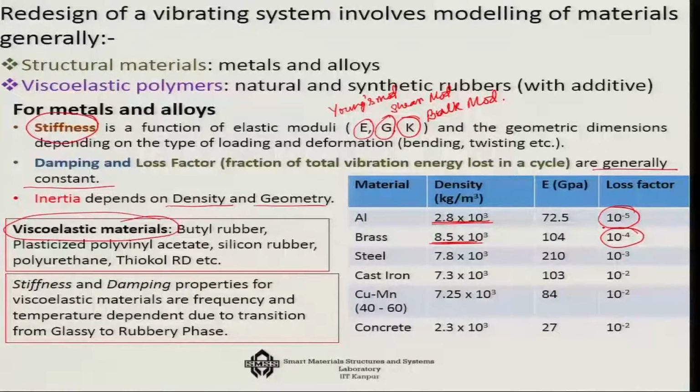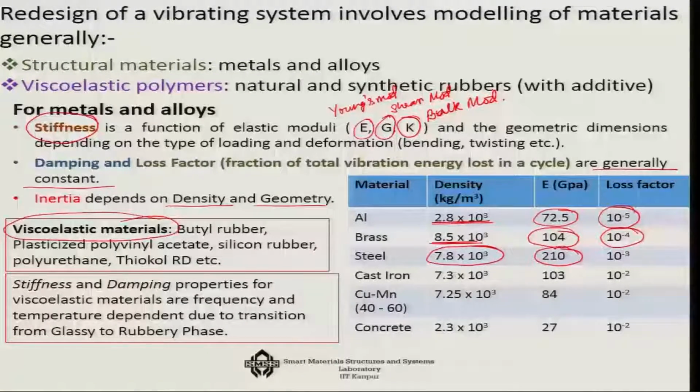And in terms of modulus of elasticity, aluminum's is 72.5 gigapascal, whereas brass is about 104, so it is slightly stiffer than aluminum. If I go to steel, then the density will be higher than aluminum, about 7800 kg per meter cube. Modulus of elasticity is about 3 times high.